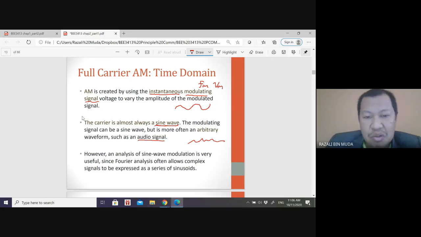The carrier is almost always a sine wave. The modulating signal can be a sine wave, but it is more often an arbitrary waveform such as audio or voice.